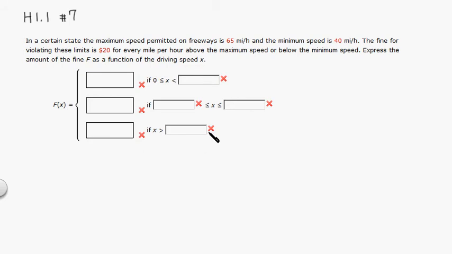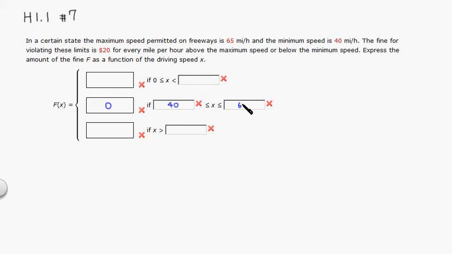All right, so let's do that. Let's do the easy one first, which is the one in the middle. We get $0 for the fine if you stay within 40 miles per hour and 65 miles per hour. So X is between 40 and 65 miles per hour.